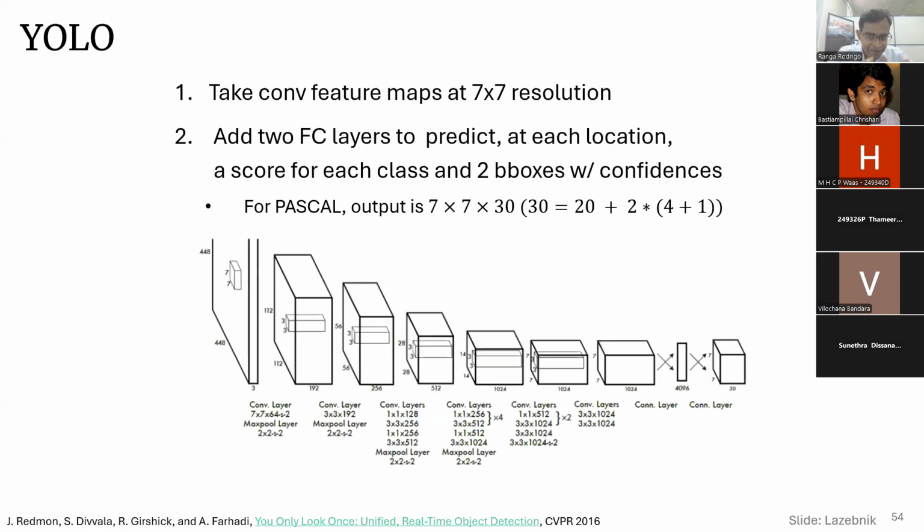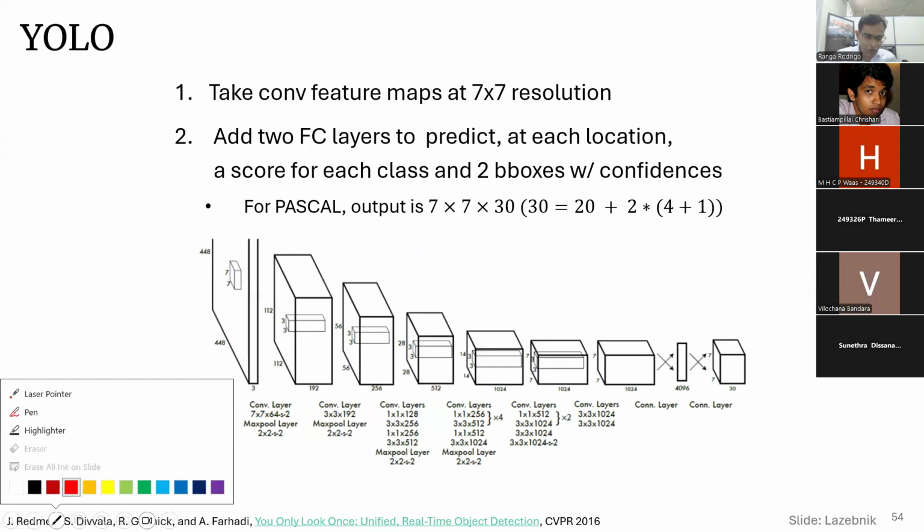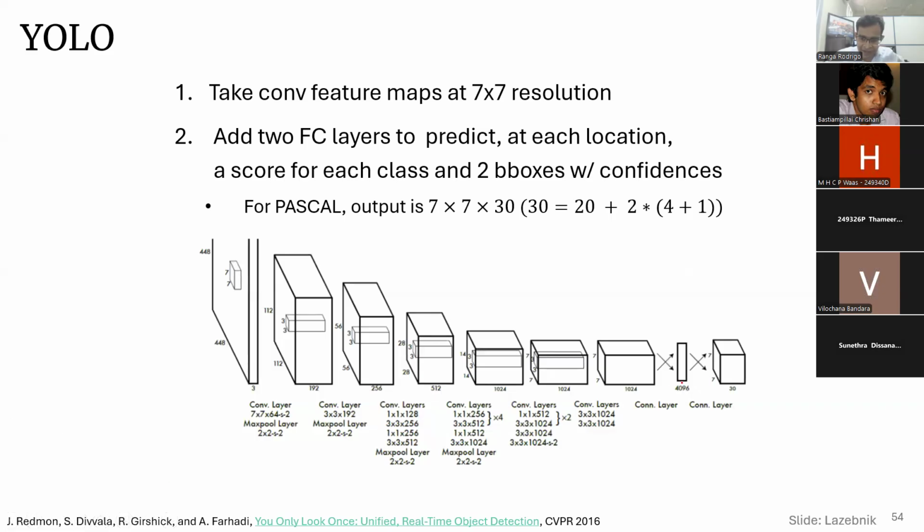Okay, so now we can briefly look at this YOLO architecture. So they take the convolutional feature map at 7 by 7 resolution. So you can see when you look at the output structure, here it is 7 by 7. So now you understand why it is 30 also.